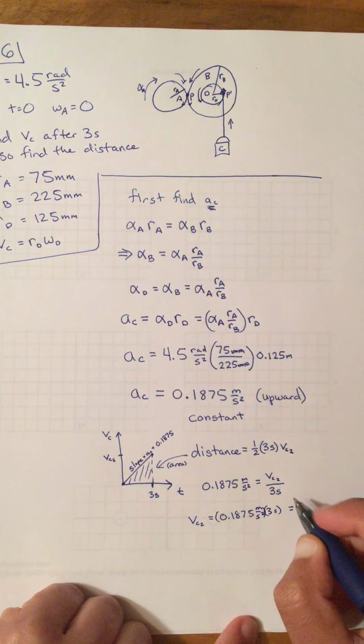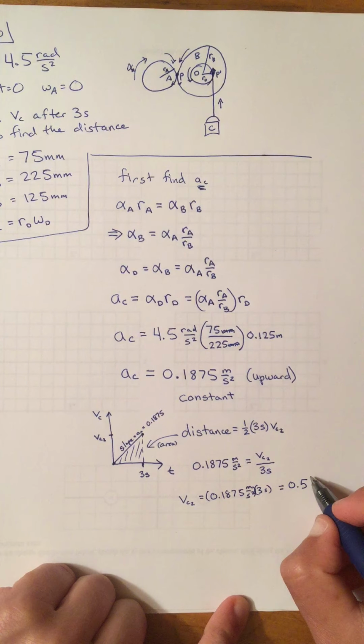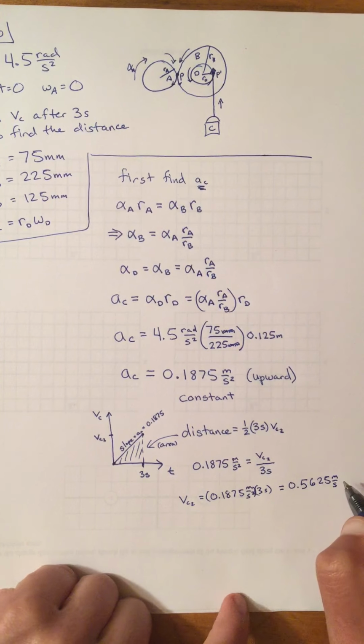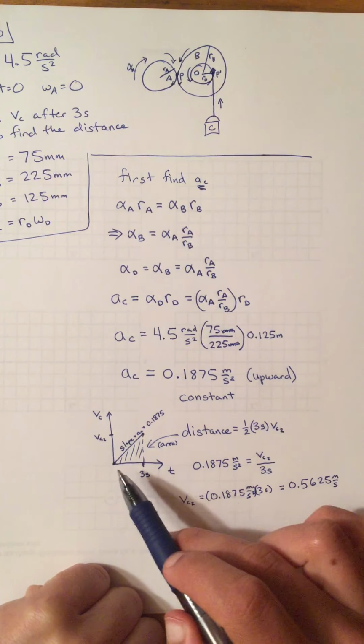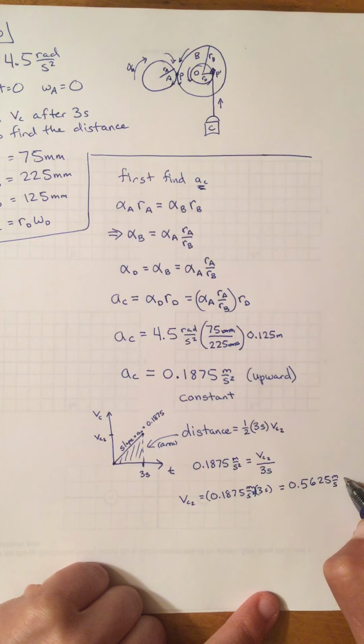And that is 0.5625 meters per second. Since the acceleration was pointed upward, the velocity is pointed in the same direction as the acceleration. So this is also pointing upward.